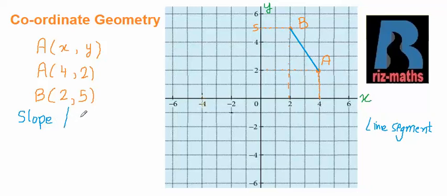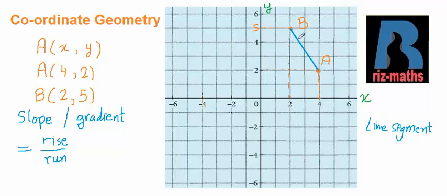Remember, slope is an American word and gradient is a British word. This is always equal to rise over run, that is, how much the line is rising and how much it runs.